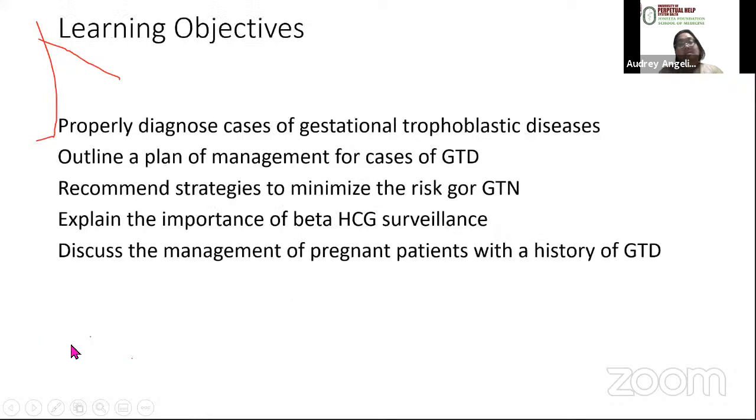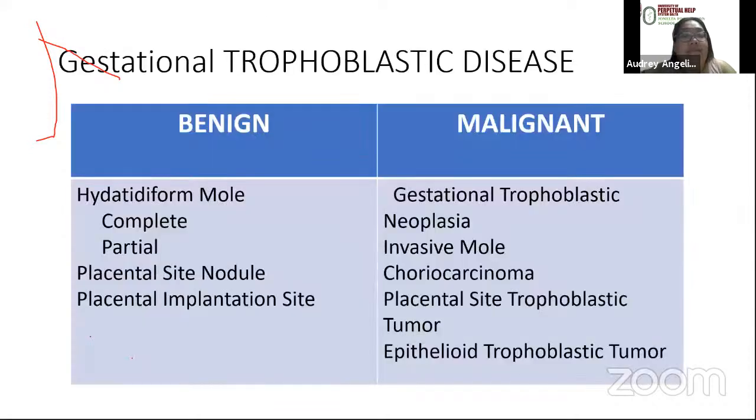Hydatidiform mole. So the learning objectives for this lecture would be the following. Okay. So it could either be benign or malignant. Your gestational trophoblastic disease would be a spectrum of diseases that involve the trophoblast, and the most common disease that we encounter for GTD would be your hydatidiform mole, either complete or partial.